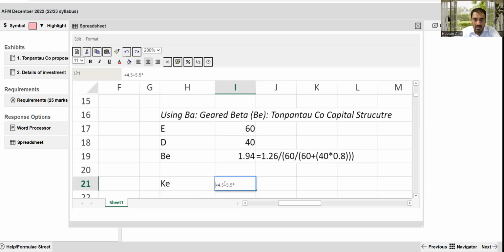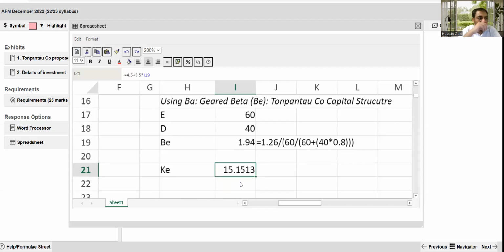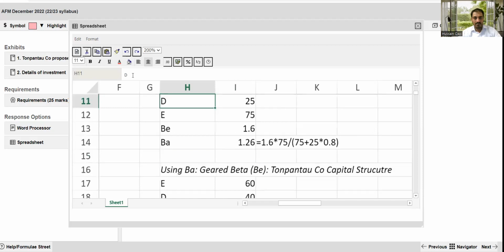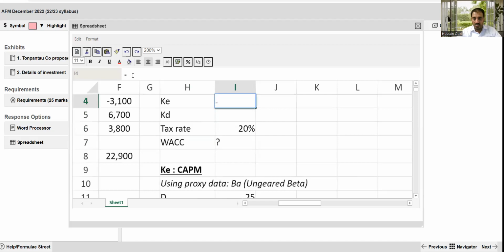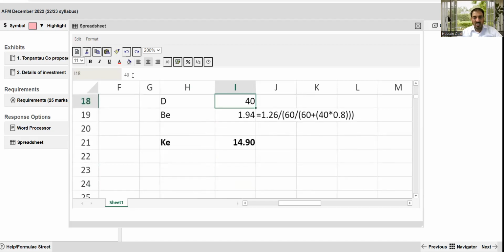Sorry, it's 4.25. KE is equal to 4.25 plus 5.5 multiplied by this 1.93, that is 14.9%. This is KE. Yes, 14.9%.